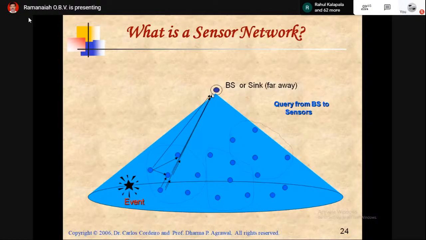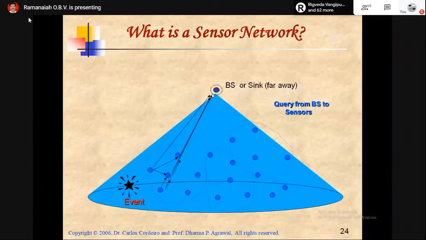So that is the query diffused to all the sensor nodes. Having received the query, these sensor nodes switch on their sensors and start sensing. In case some animal is moving, then that is detected. If it is a battlefield, some terrorist, a human being crossing the LOC, that is an event.